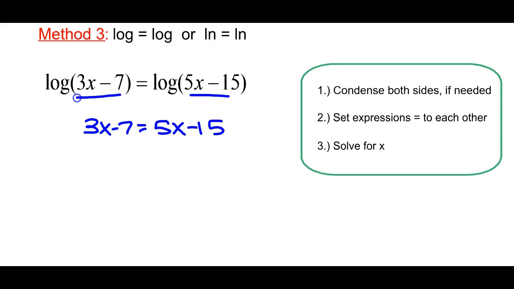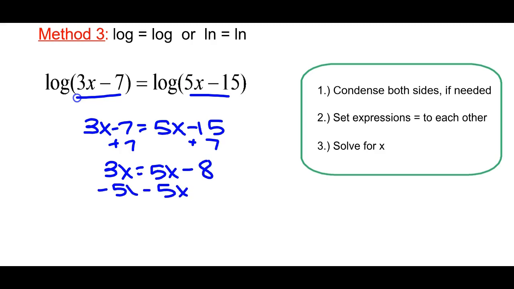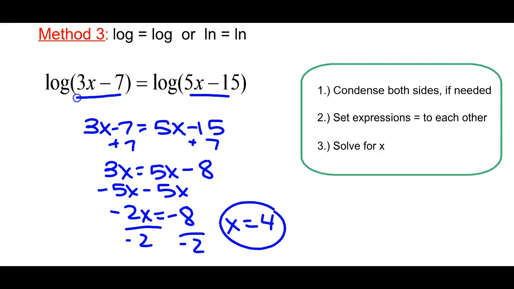And then step 3, solve for x. So add 7, subtract 5x, and divide by negative 2. So x equals positive 4.